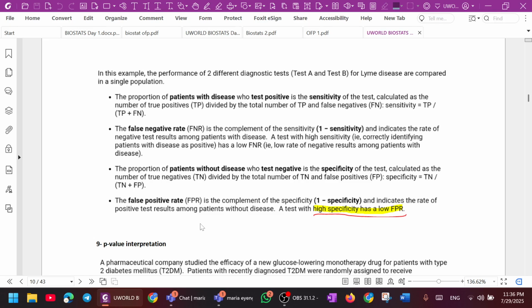Test A has a higher positive predictive value than test B. But positive predictive value, we know from the table we saw on biostats day 2, goes with prevalence, and they are not telling us anything about prevalence. How many people have the disease? How many people don't? We are not talking about that.